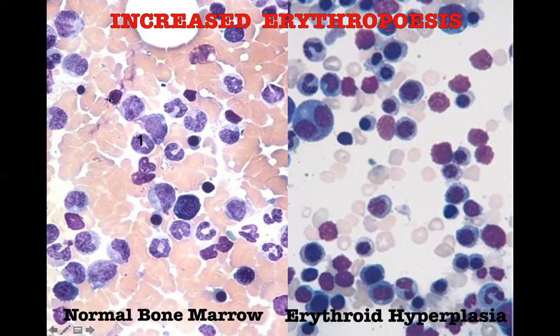Here, I could only count around 1, 2, 3, 4, 5. In this slide, I could count 1, 2, 3, 4, 5, 6. Possibly too numerous to count. If you compare the slide on your left to the slide on your right, you can see the discrepancy between the numbers of nucleated RBCs, compared to the numbers of nucleated RBCs on this slide to your right, which shows erythroid hyperplasia.